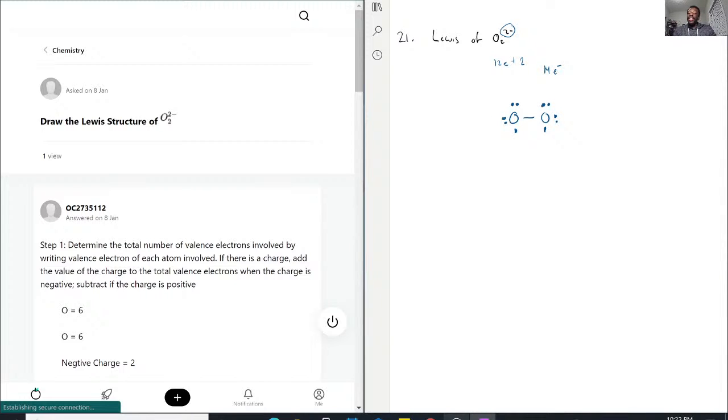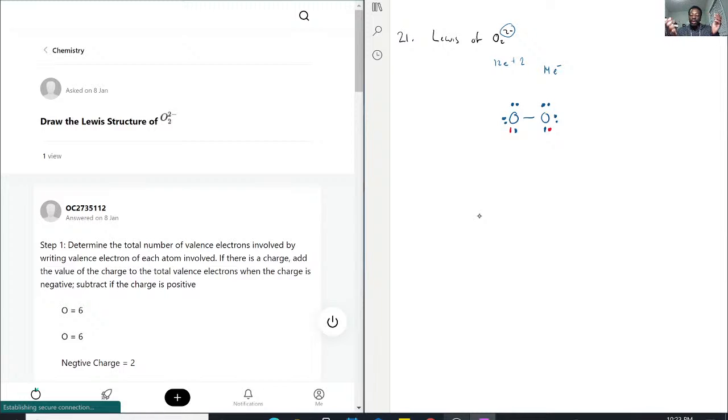And now we can go ahead and add the 2 minus, okay? And now just go with, as we see, the unpaired electrons. 1, 2. Do we have 14 electrons total? We have 6 lone pairs and 1 bond. That is indeed 14 electrons, so that's perfect.